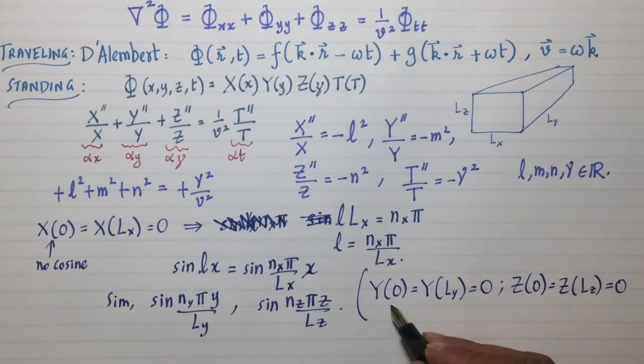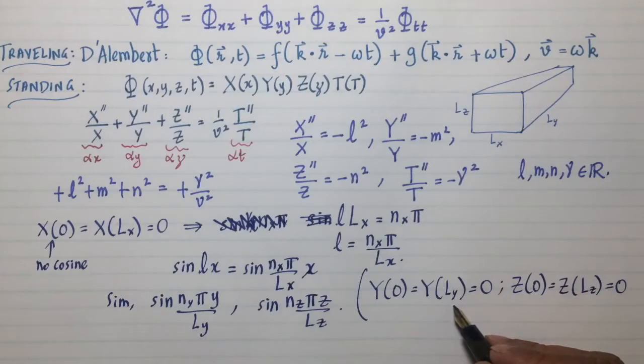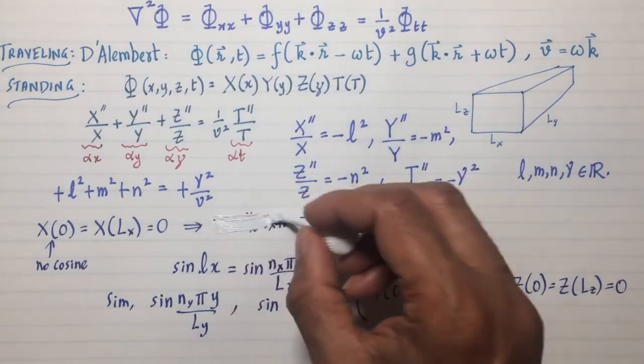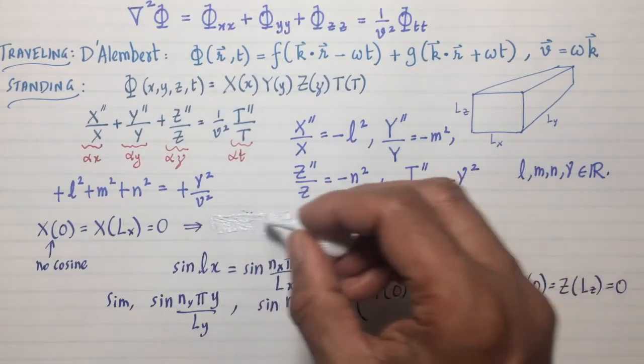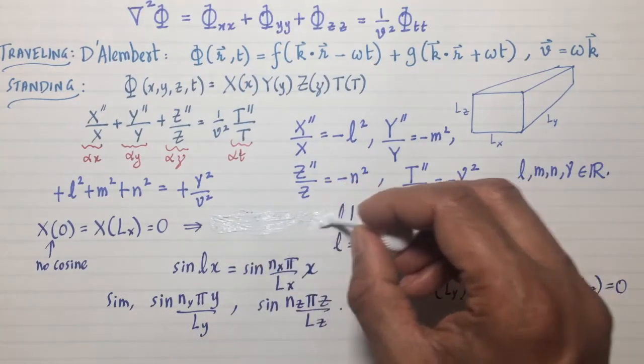The first boundary condition will rule out the cosine modes. The second boundary condition will say the sine mode has to be equal to 0. And when you satisfy the sine mode equal to 0, you will end up with the quantization condition, just as I did here.